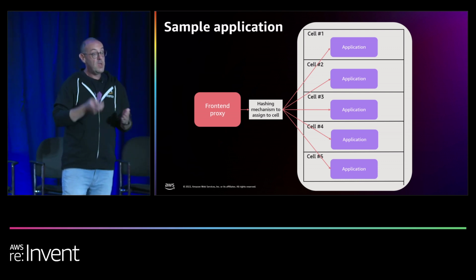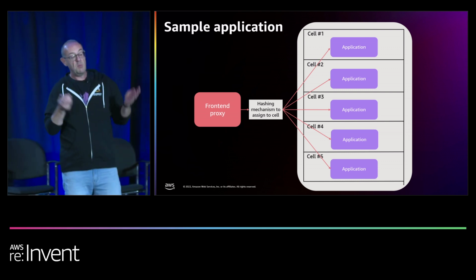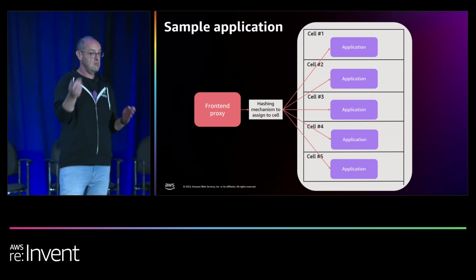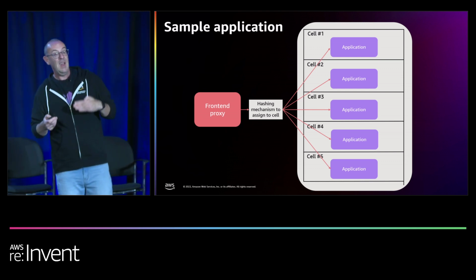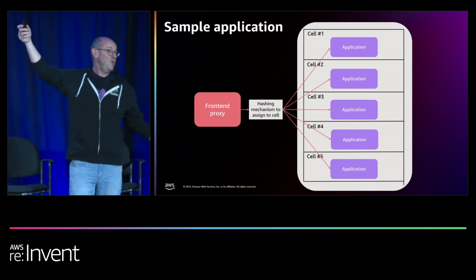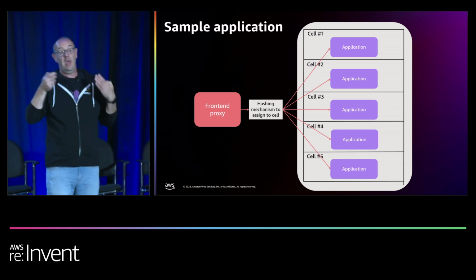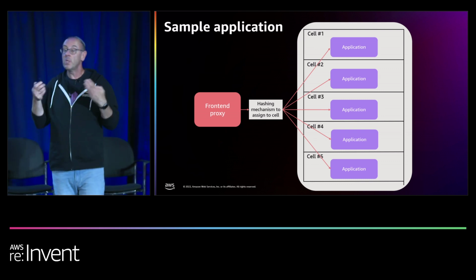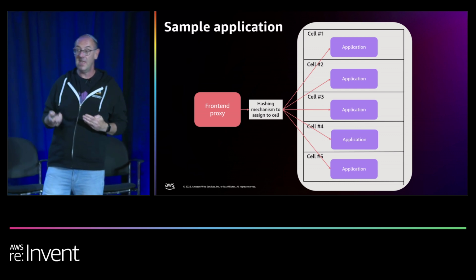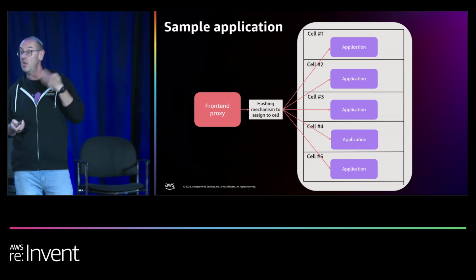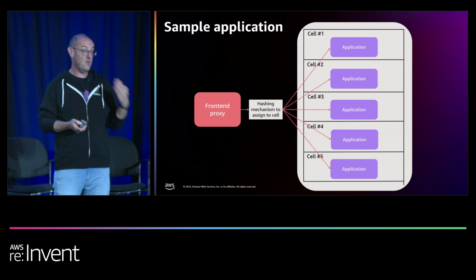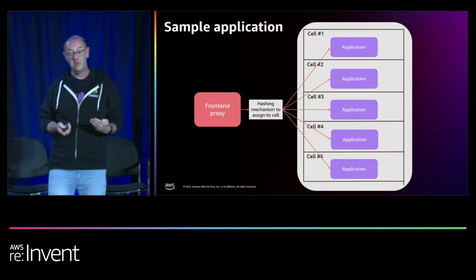By going to cellular architecture, which some of our services actually do in AWS, you can scale pretty much endlessly. And one more time, it's not always recommended to do this because it has some operational overhead, some engineering overhead, and some complexity involved. You need to design this properly.